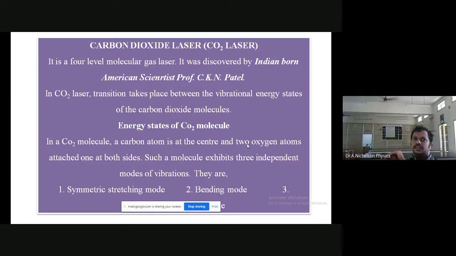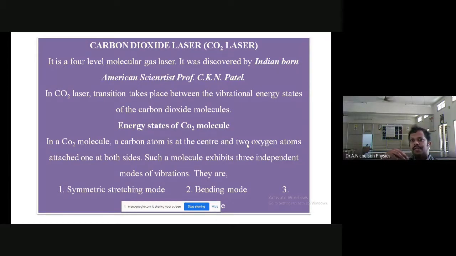This laser beam is emitted because of the transition that takes place in the vibrational energy states. You know the atomic transition, that is the transition between the atoms.